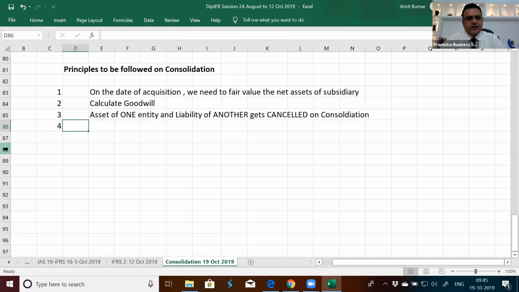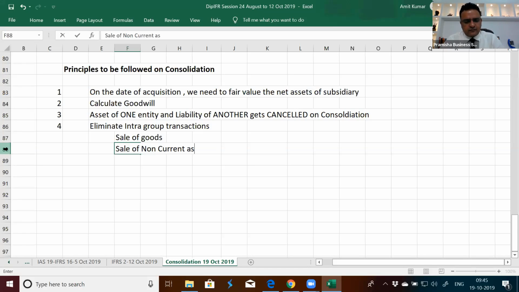We'll have to eliminate intra-group transactions. Intra-group transactions can be for sale of goods, or for sale of non-current assets transfer.